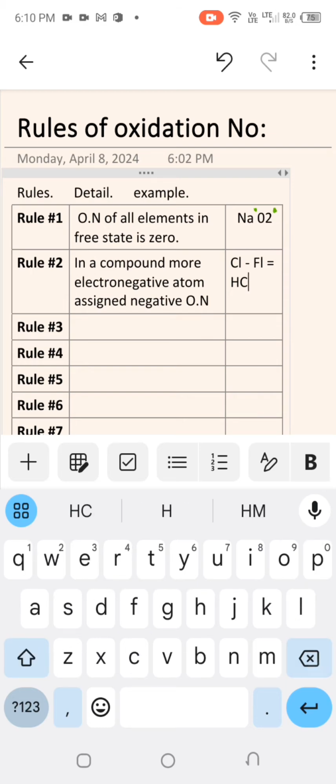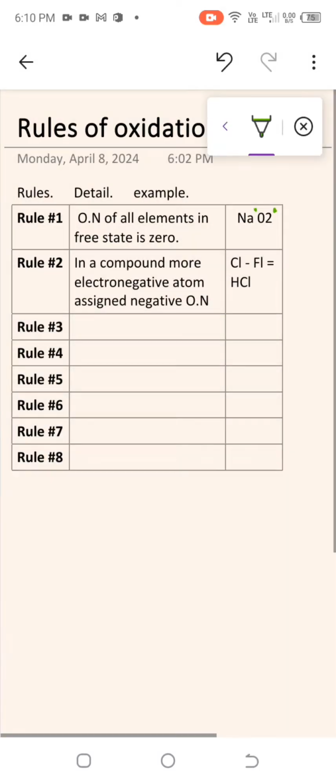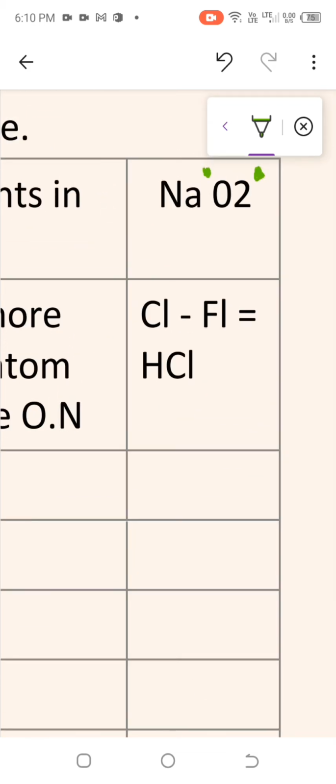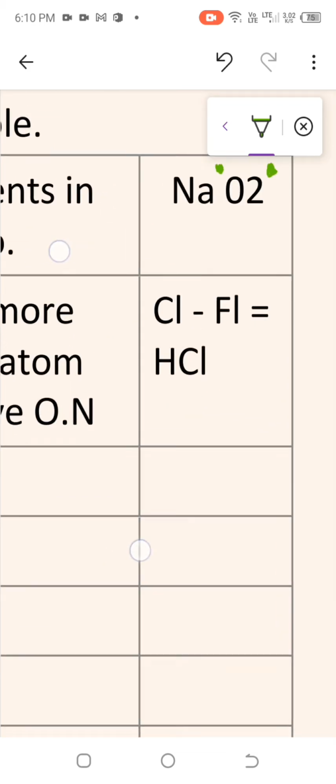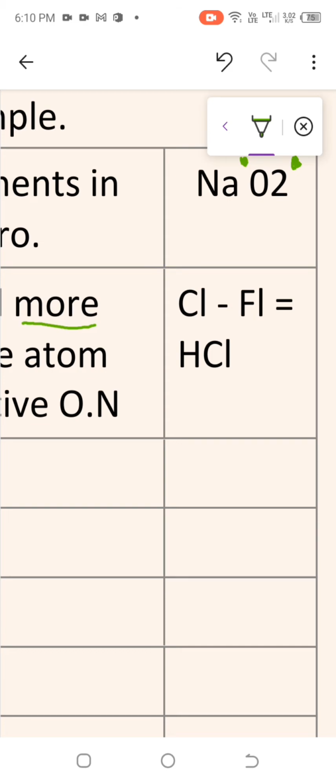So now let me give the charges here. Chlorine is less electronegative, and here I have been asking about the more electronegative. So if this is less, it will contain the positive charge +1. Fluorine is more electronegative, so it will contain the negative charge -1.